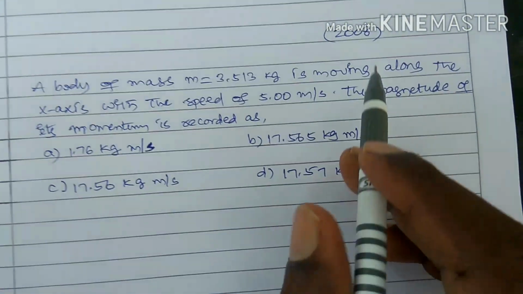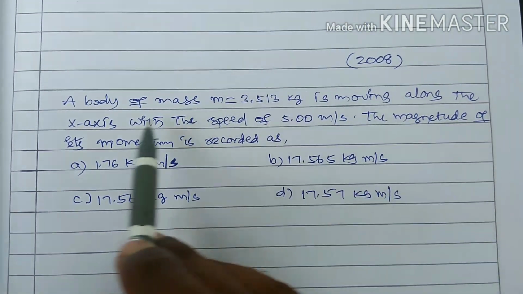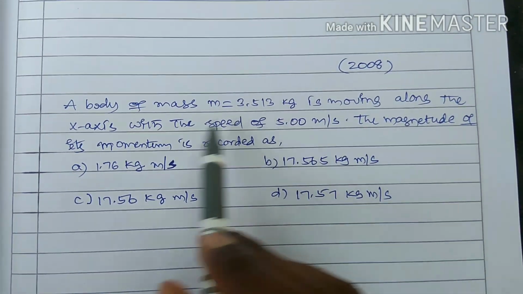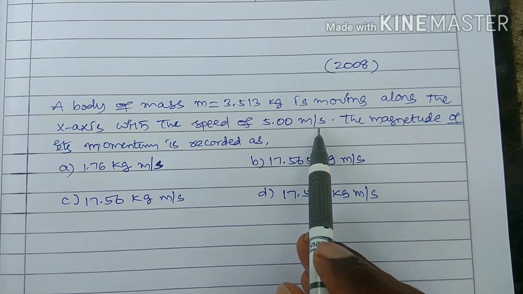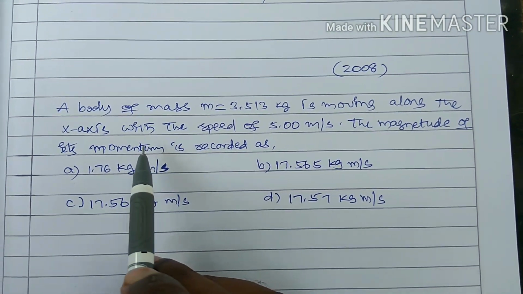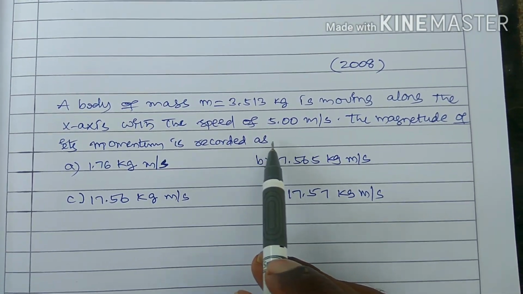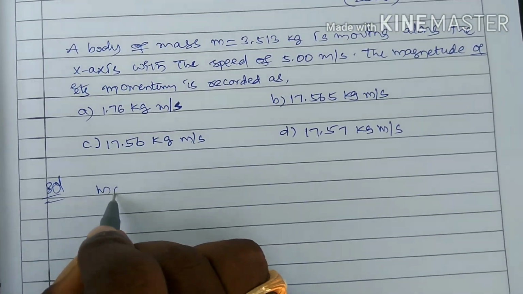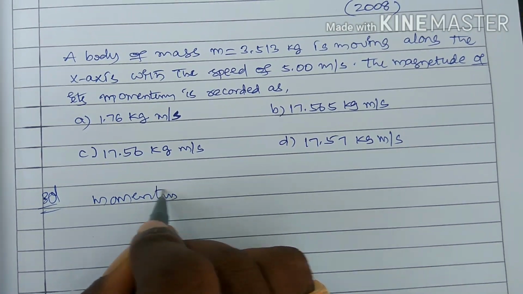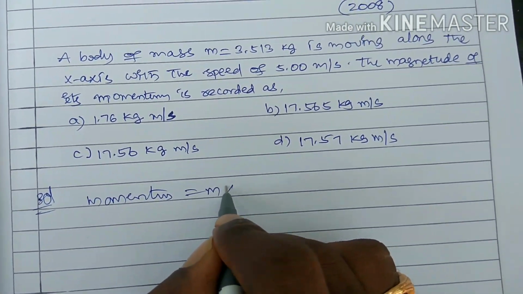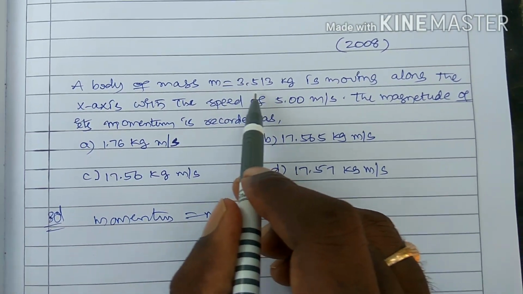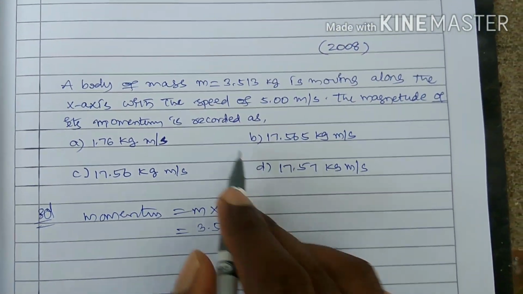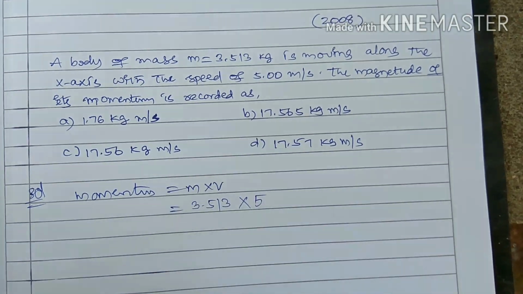Coming to the next question, which was asked in the same year 2008. A body of mass m equal to 3.513 kg is moving along the x-axis with a speed of 5.00 meter per second. The magnitude of its momentum is recorded as? Momentum is nothing but mass into velocity. The mass of the body is 3.513 kg and the speed is 5 meter per second.